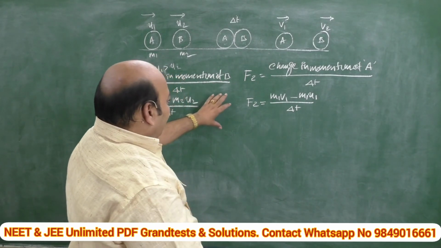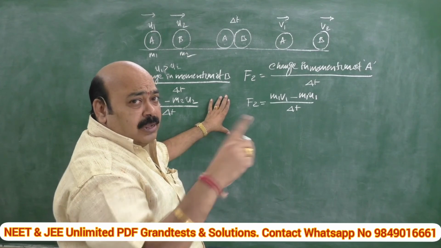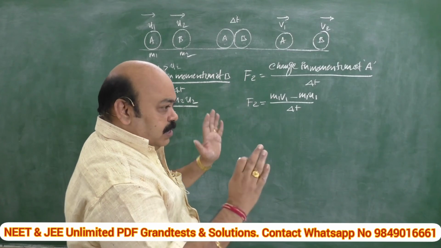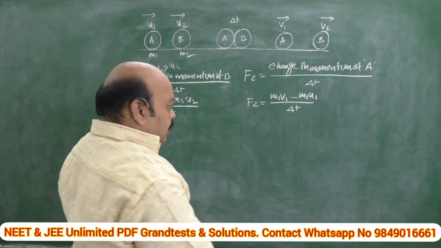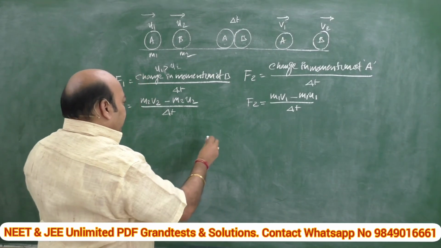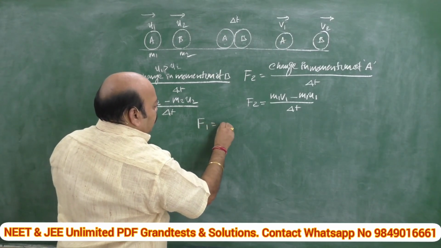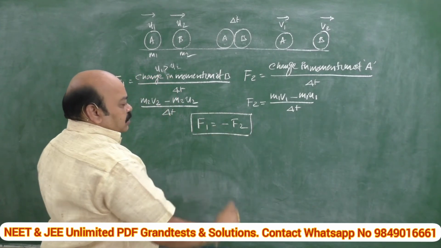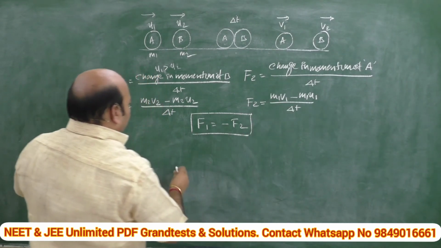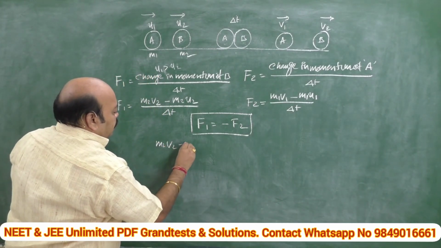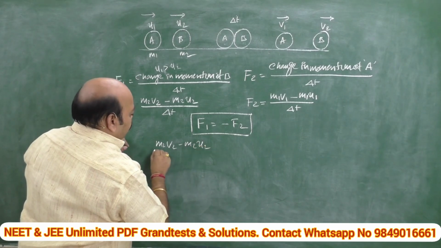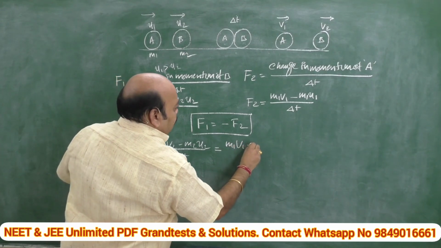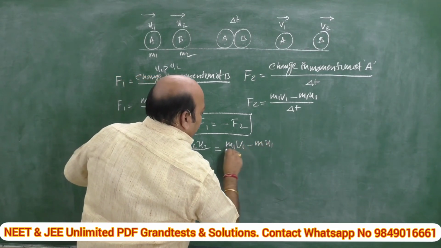Are you ready? According to Newton's third law, these two forces, so called action and reaction, are equal in magnitude but opposite in direction. That's why I am going to write F1 is equal to minus F2. Action is equal and opposite to the reaction. If we compare these two, we get m2 v2 minus m2 u2 by delta t is equal to minus of m1 v1 minus m1 u1 by delta t.